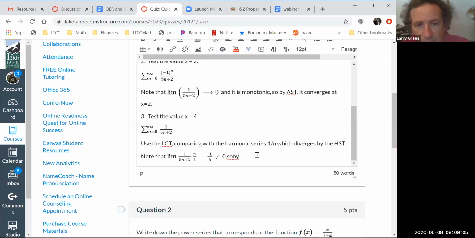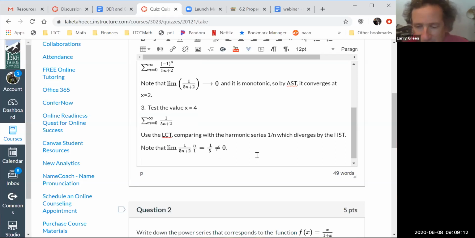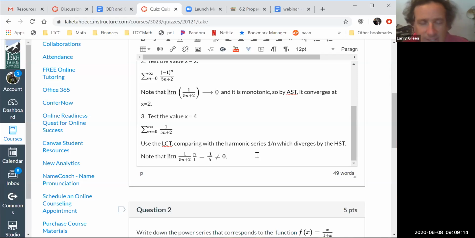So by the limit comparison test, the series diverges.